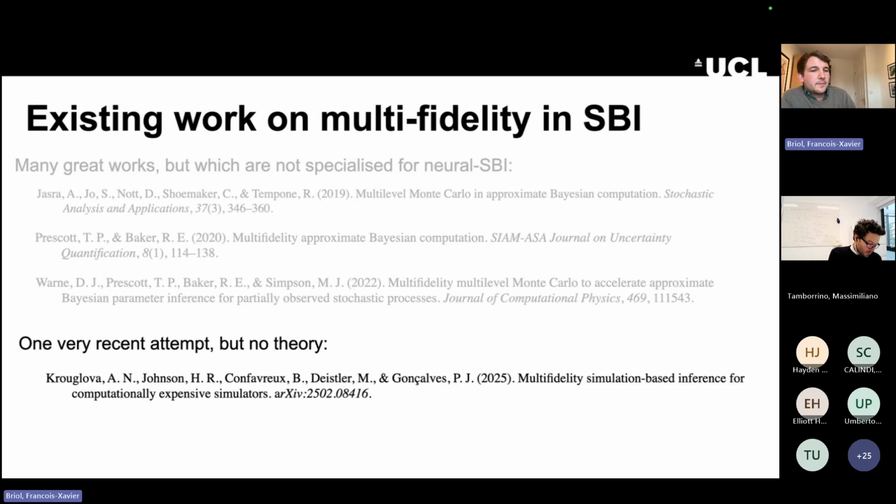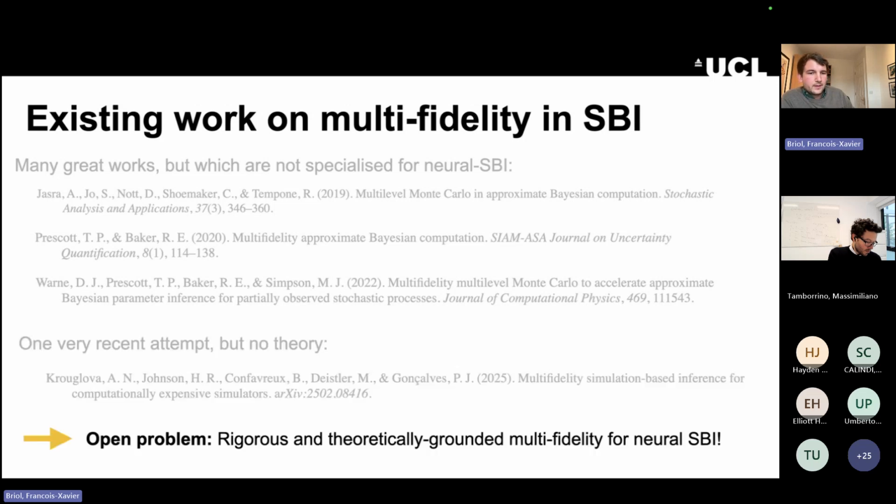There's also another attempt that appeared a few months before our paper, when we were already halfway through. It's a nice paper which uses some form of transfer learning techniques, and it's an interesting first step. Our method was trying to have something with theoretical backing, and that's the main advantage of our method so far, but it's an interesting alternative.